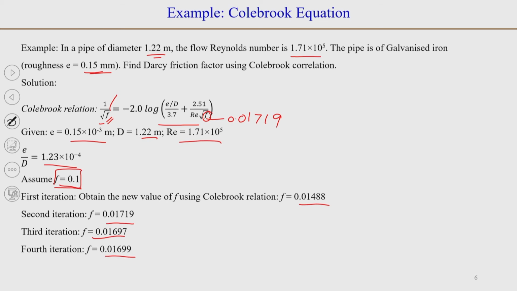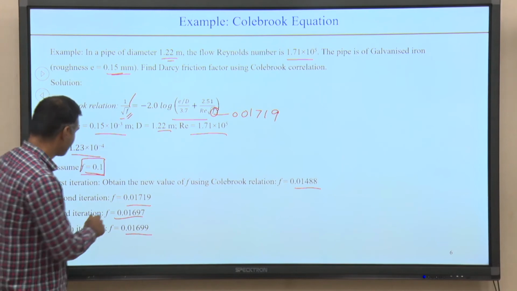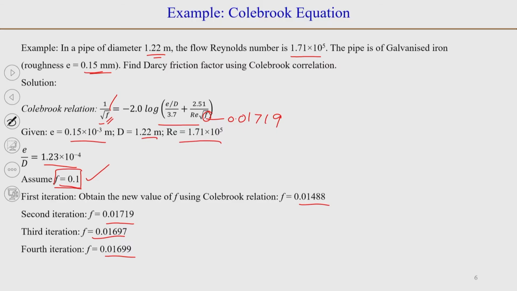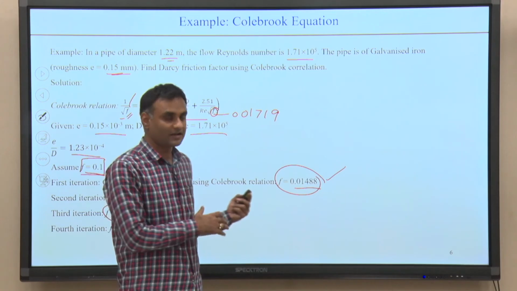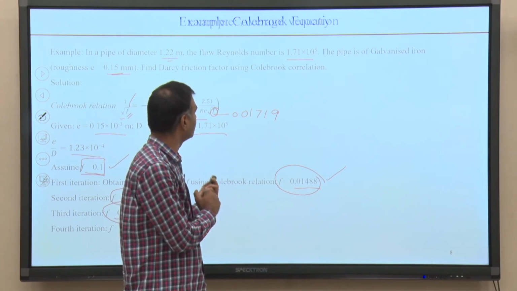Ideally, first we used the value 0.1, and second time we used f equal to 0.01488, and we got values which are well converged in the second iteration itself, and the third iteration would confirm that it has converged. So, we might need to do 3 iterations only here, right. That is how you solve iteratively for the Colebrook equation to calculate friction factor.